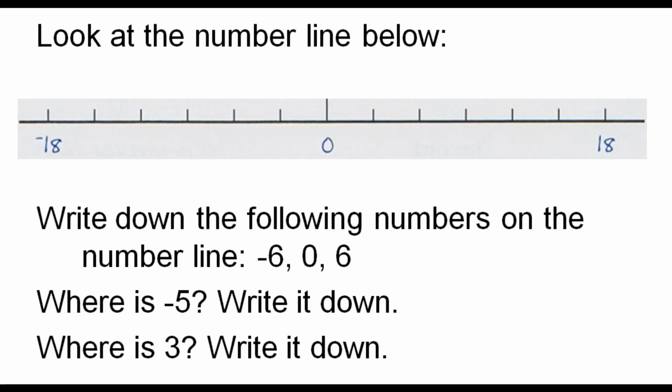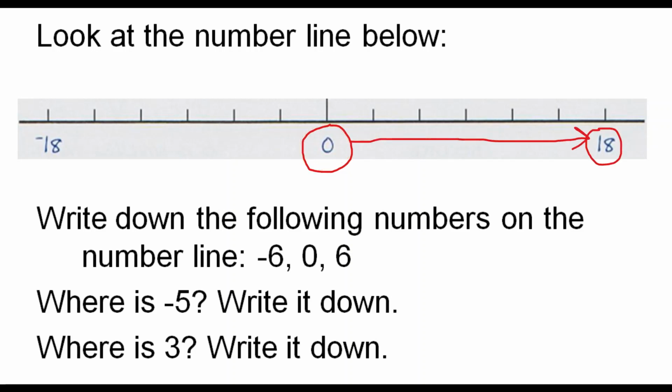Now, if you're looking carefully, you can see these are not counting by ones, going from negative 18 to 0, and then 0 to 18. So you have to decide how much each line represents in terms of the number value. Here's one method I'll show you: look at the 0 and then count to 18.